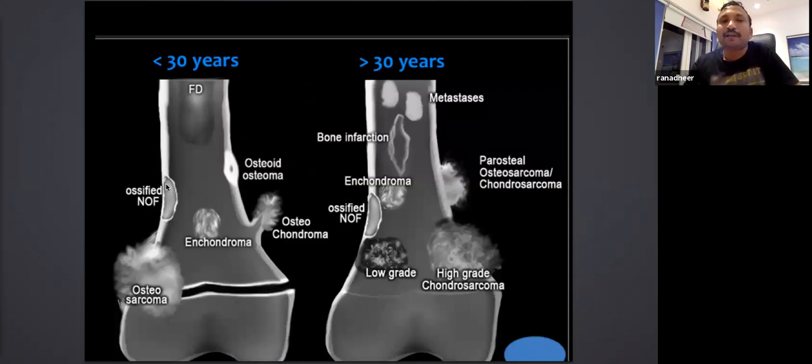If it is a diaphyseal tumor with a narrow zone of transition, then it is a non-ossifying fibroma, NOF. If it is diaphyseal, it is fibrous dysplasia. If it is diaphyseal in the cortex and middle of both, it is FD. If it is only in the cortical region, it's osteoid osteoma.